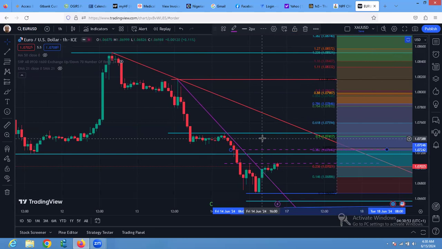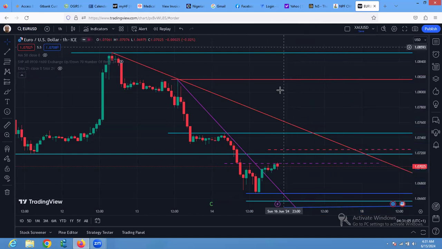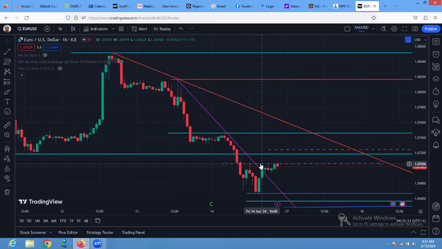That's where I'm going to end my big fall. So once I break out of that place, I'd confirm that I'm going up and it's not a big fall anymore. But what we do know as an ending diagonal or leading diagonal is for price first to come, take up this fall, and it has taken it.